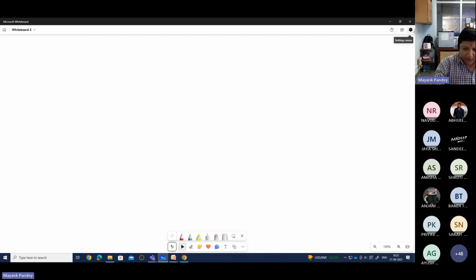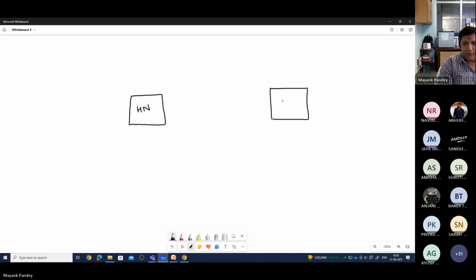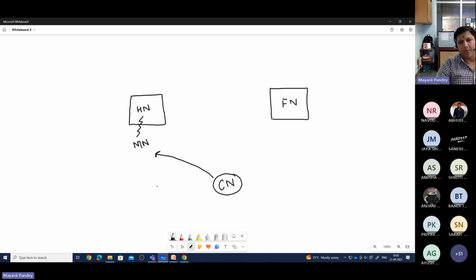Now, when we talk about mobile IP, as we have already discussed, the basic setup is like this: there is a home network, there is a foreign network, and then there is another node, the corresponding node, which is trying to communicate with the mobile node.